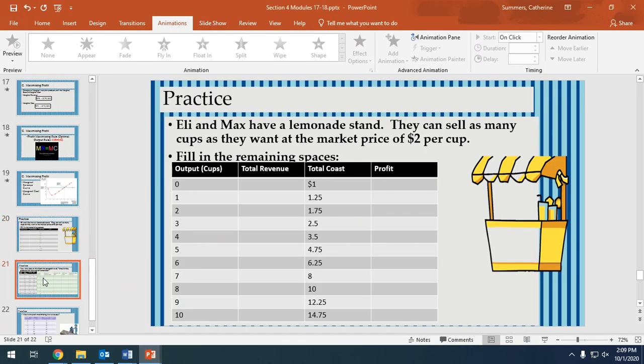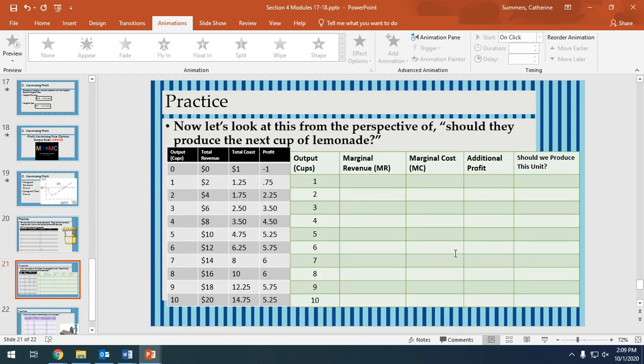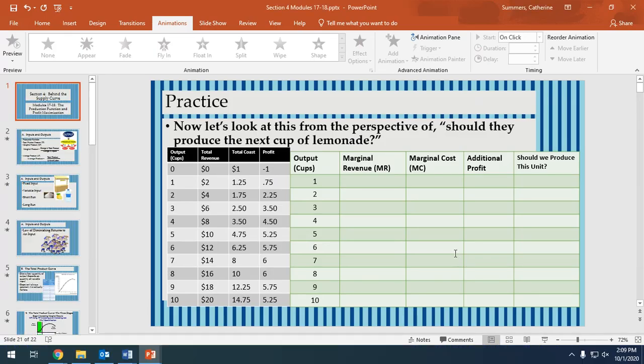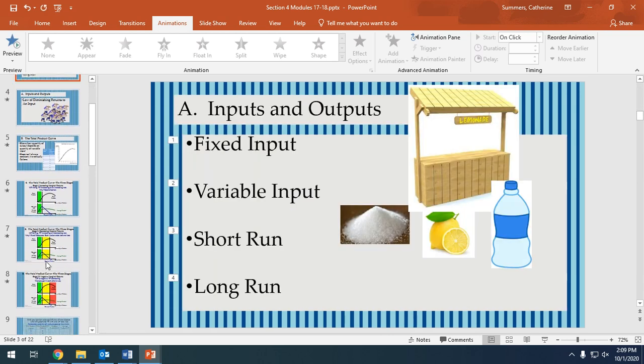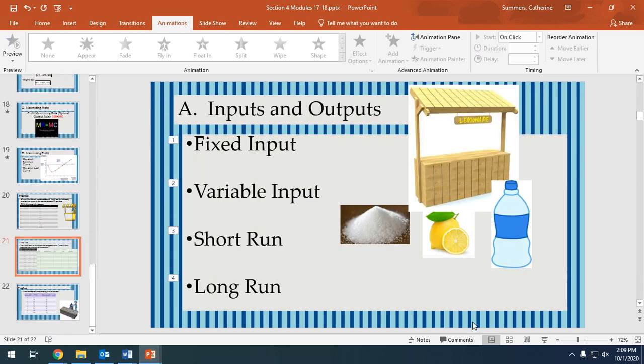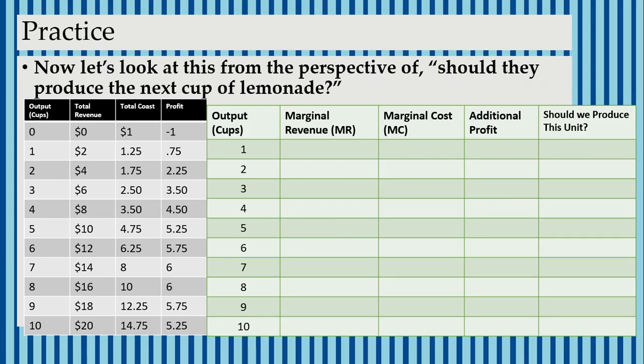So questions so far? All right, so now we have the same information, a little black and white chart there on the far left. There we go. So the black and white one there on the left, that's what we just did.